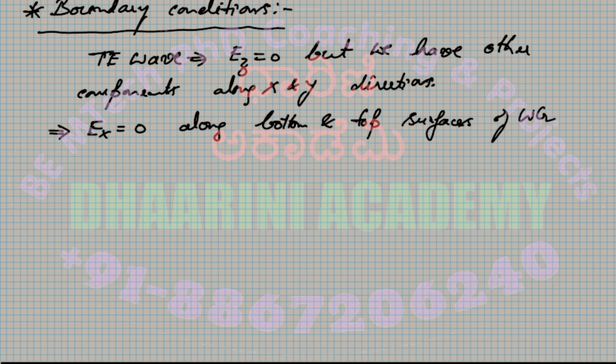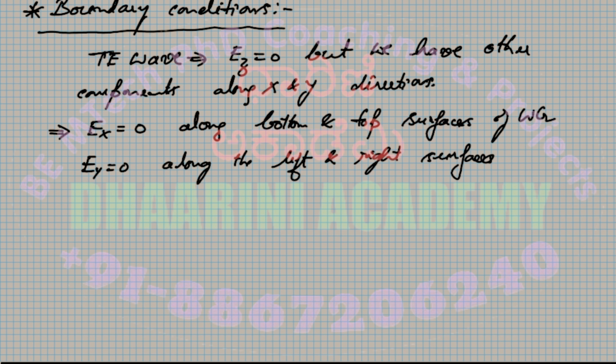Is it okay? Similarly, I can say that Ey becomes equal to 0, no y component, along the left and the right surfaces of the waveguide. This is what I'm supposed to apply.